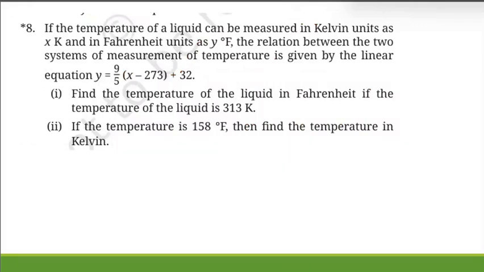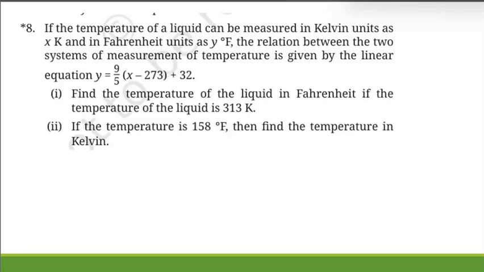Eighth question. If the temperature of a liquid can be measured in Kelvin units as x K and in Fahrenheit as y F, the relation between the two systems of measurement of temperature is given by the linear relation y is equal to 9 by 5 into x minus 273 plus 32.